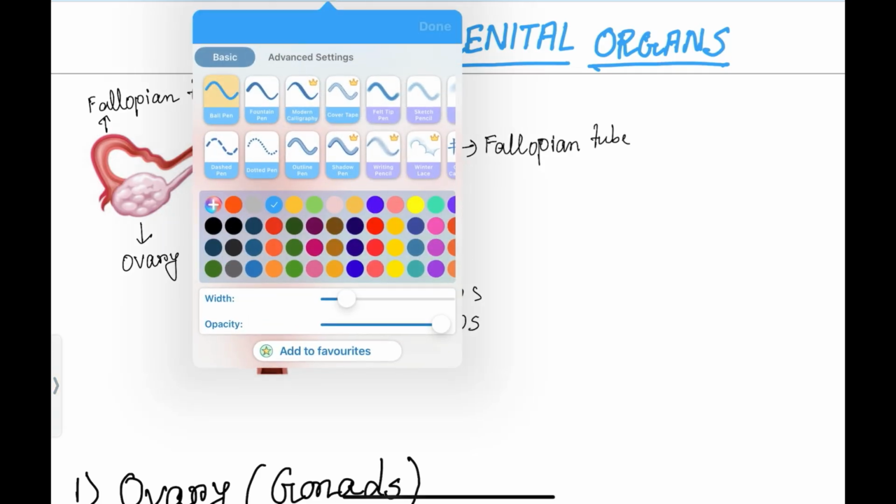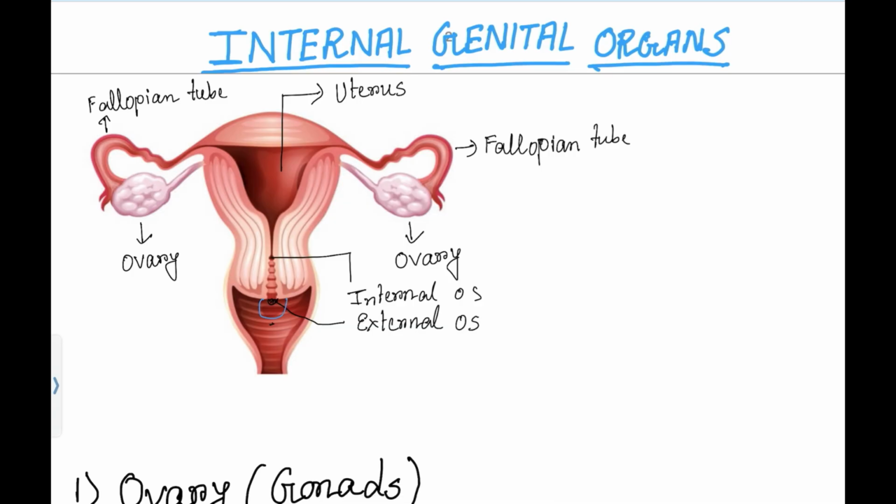Surrounding this external os, there is the exocervix. So where is the endocervix? In this region, it is called your endocervix. So the cervix is divided into exocervix and endocervix, and this whole portion is called the cervix.